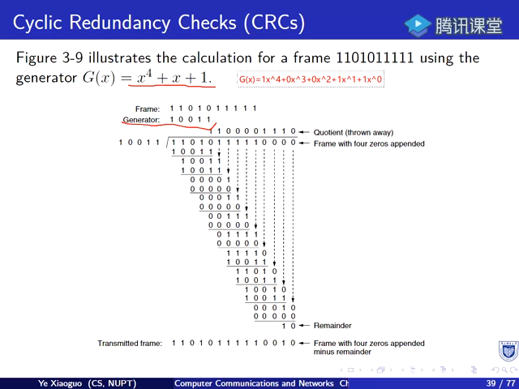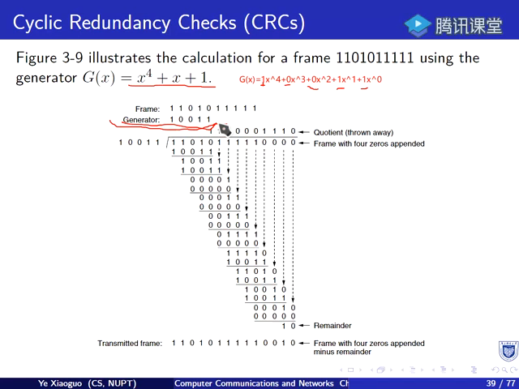So we can get 1 0 0 1 1. So the generator is 10011, right? So 10011.